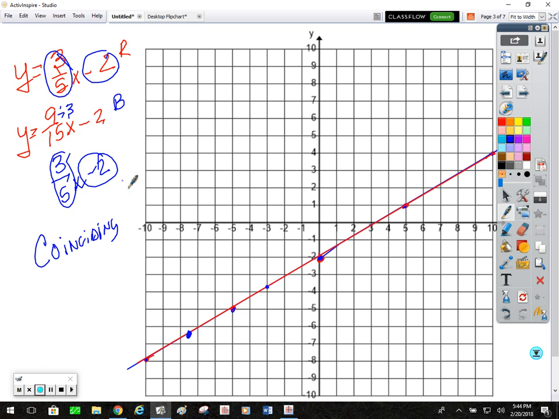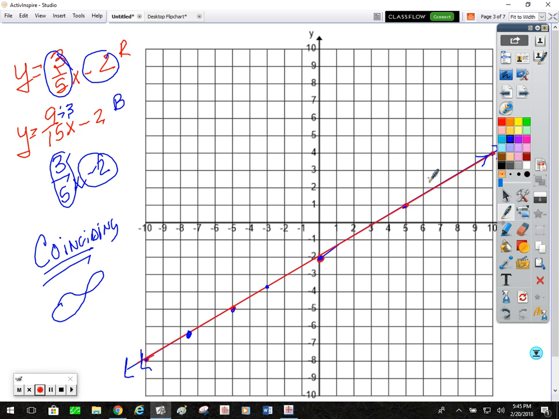But it doesn't matter. It's on both lines, so it would be true for both of the equations, which is exactly what coinciding means, which also means infinite. So any point, remember that line goes on forever and ever and ever in both directions. So I can actually say any point from -infinity to +infinity would make that true.